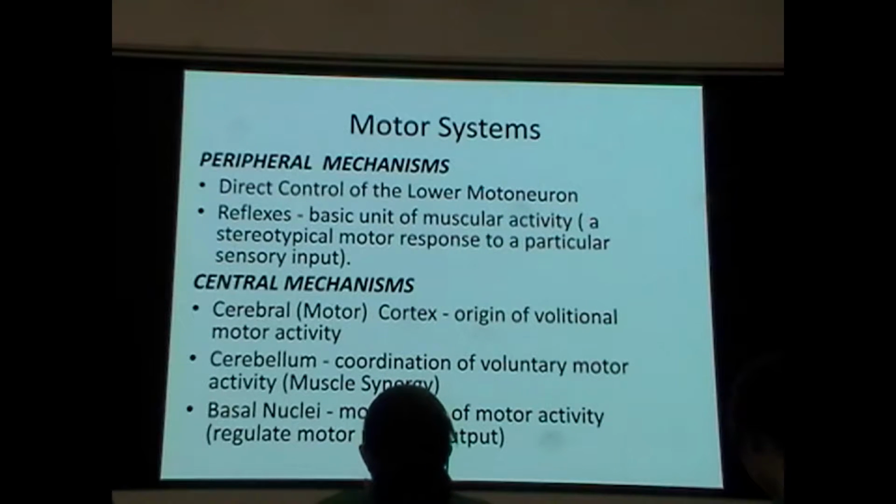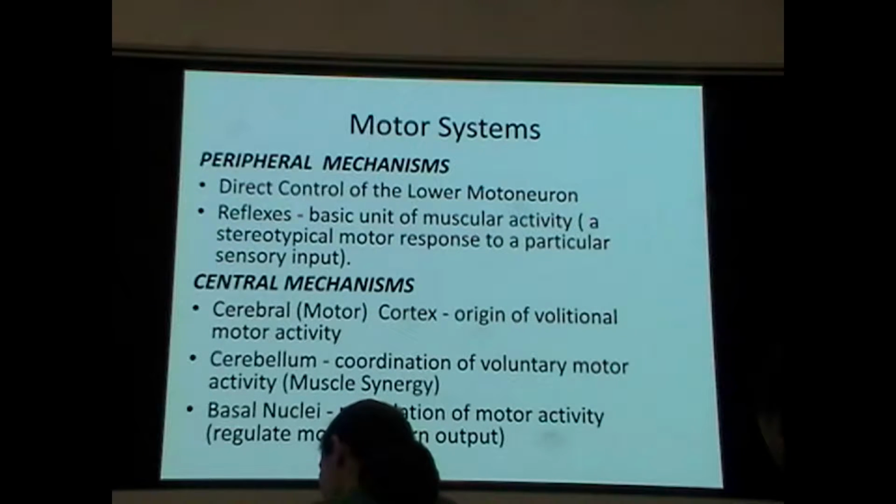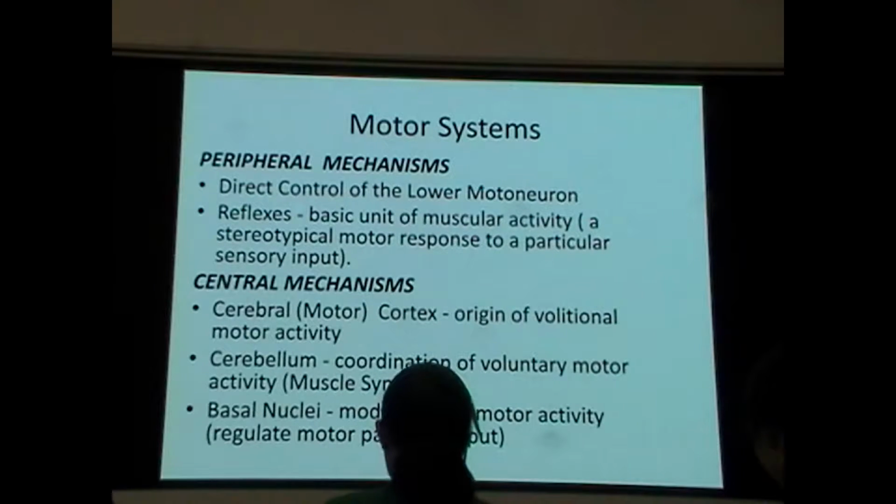The reason basal nuclei at one time were called ganglia is because everything that was believed to be below the cerebral cortex was believed to be a ganglion, an aggregation of nerve cell bodies. But the basal nuclei, interestingly enough, are in the same region of the cerebrum as all other cerebral cells. They are in what we refer to as the prosencephalon, and particularly the telencephalon portion of that.